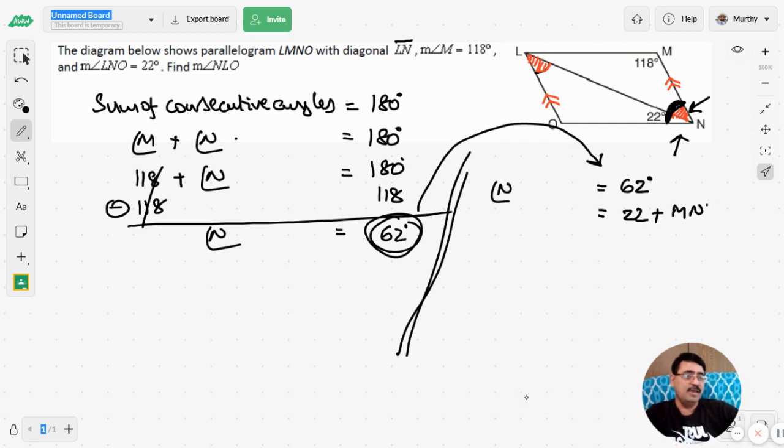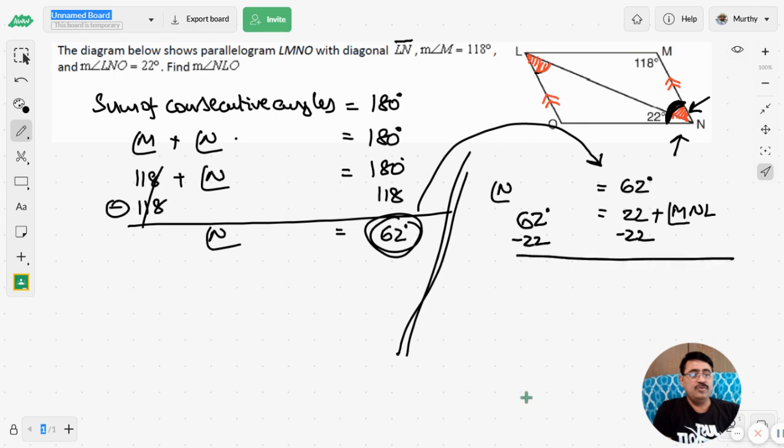Please observe carefully. Measure of MNL means this part which is shaded in red color. Therefore, 22 plus MNL equals 62 degrees. Take away 22. Measure of MNL, which is shaded in that color, is 40 degrees.